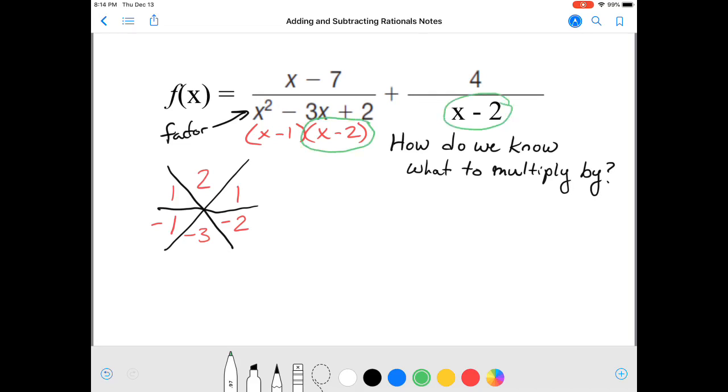So there we have the x plus 2 that we have in the denominator of our other rational function. So that means that we just have to multiply the second rational function by this new piece, x minus 1.